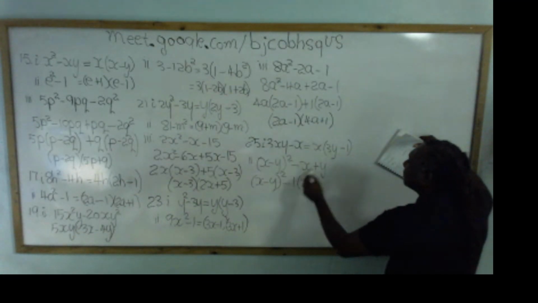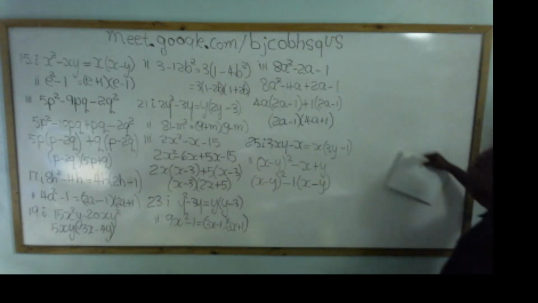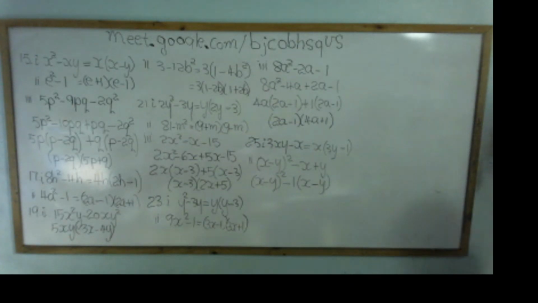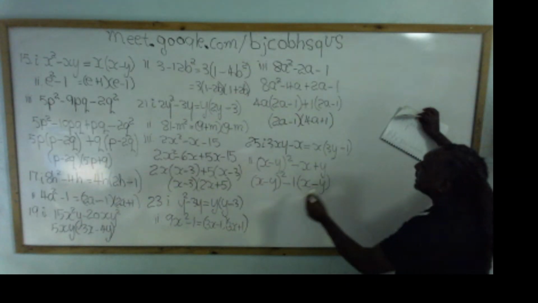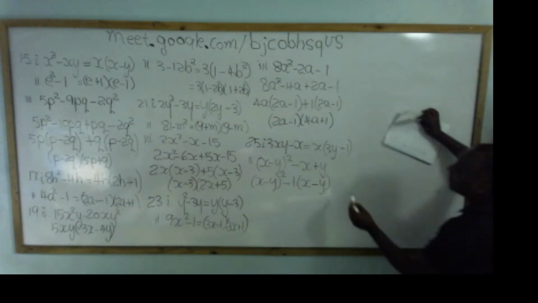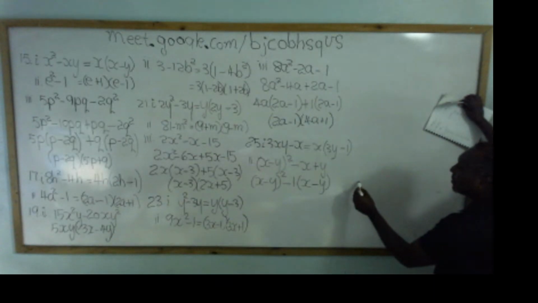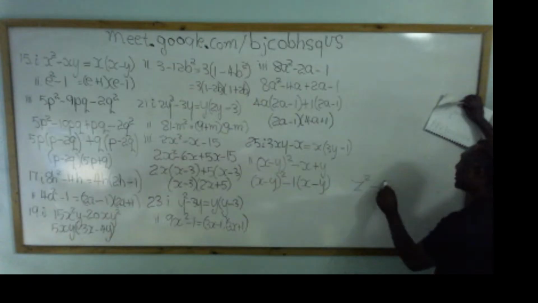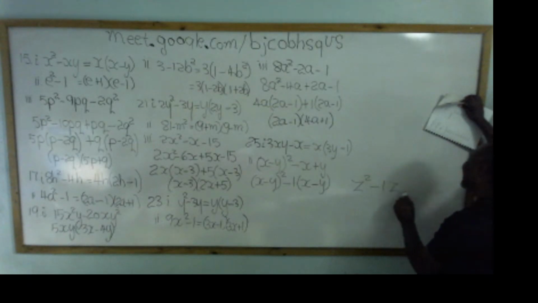Negative into positive is negative, and 1 into y is y. So you can see here, it looks like this. I'm going to put it beside it. It looks like z squared minus 1. That's what it looks like.